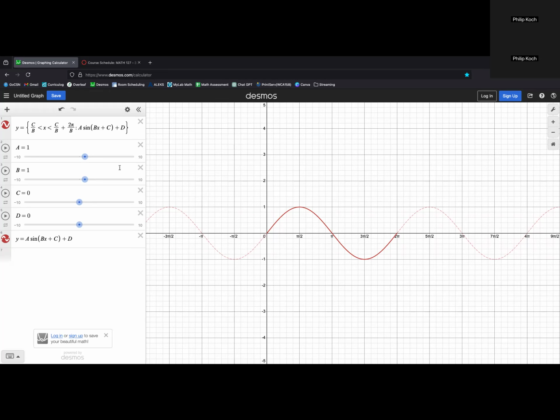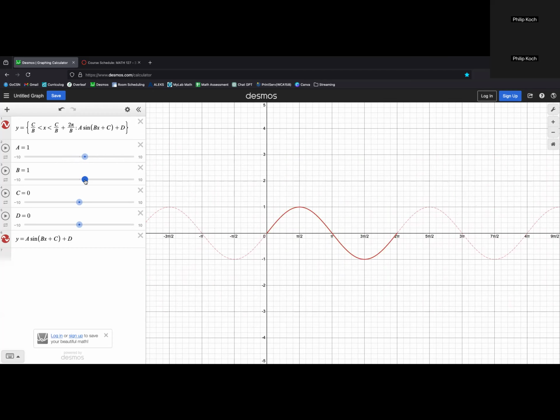The amplitude A: notice that if I make A bigger, it just extends the graph. If I make A negative, it flips the graph because you're reflecting across the x-axis. I'm going to bring it back to 1. For B, that's responsible for the period changing.